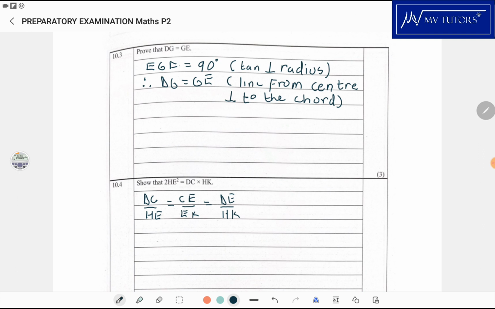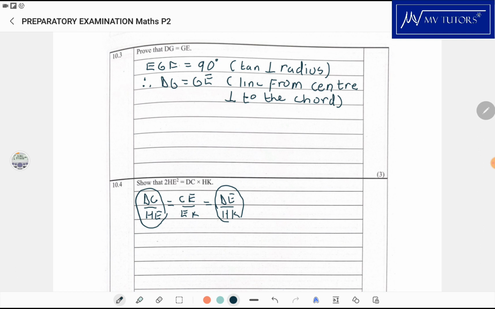Now we will take the relevant ones that we probably need. We need the one with HE, definitely, so we are taking this first one. Does any one have DC? None of them have DC. What about HK? This one has HK, so we will take this one as well and combine them, and hopefully we can work it out.